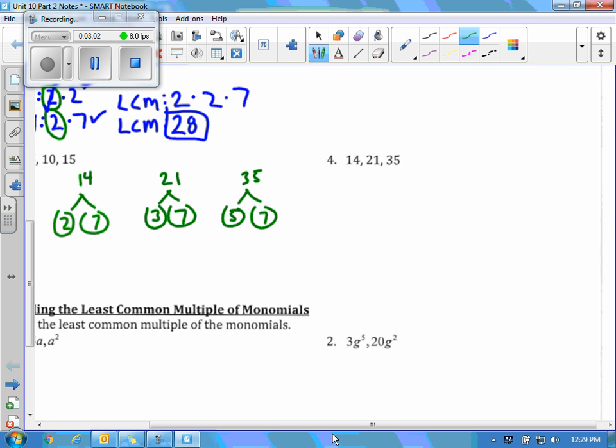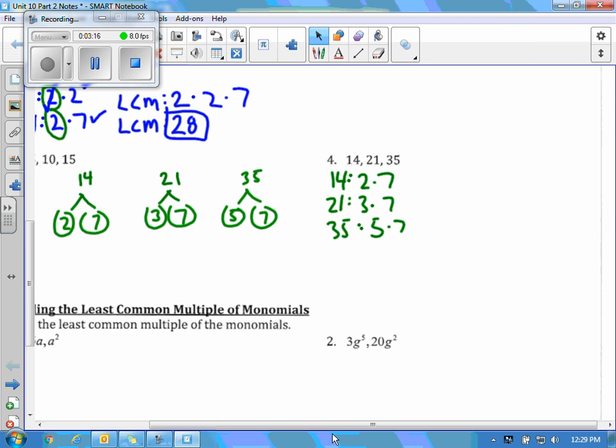The next thing I need to do is list out all my factors. So for 14, I have 2 times 7. For 21, I have 3 times 7. For 35, I have 5 times 7. Now, I'm going to circle what they have in common. In this case, they all have this 7 in common.